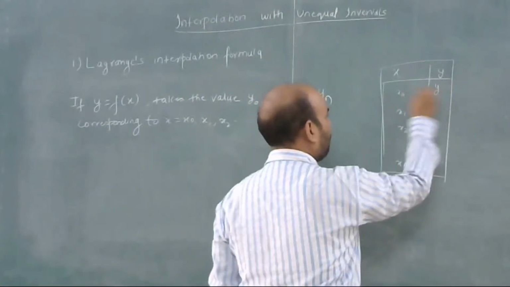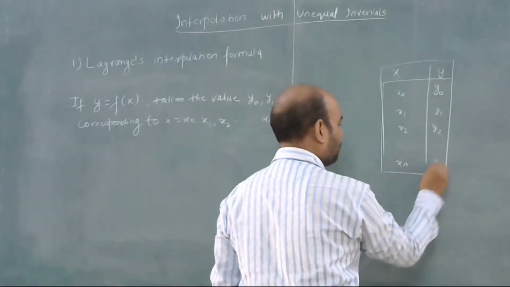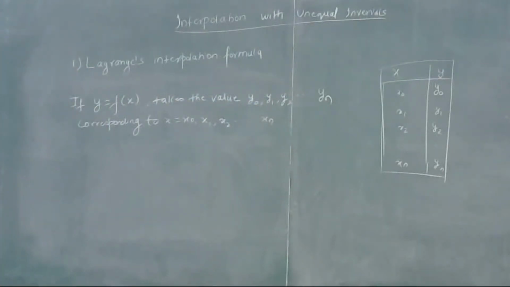So we have these values of x: x0, x1, x2 up to xn, and the corresponding values of y: y0, y1, y2 up to yn.